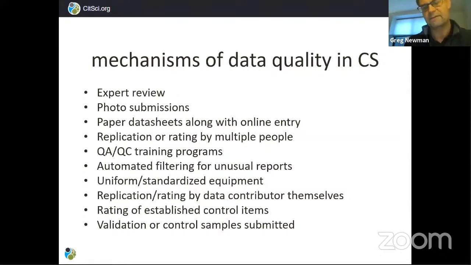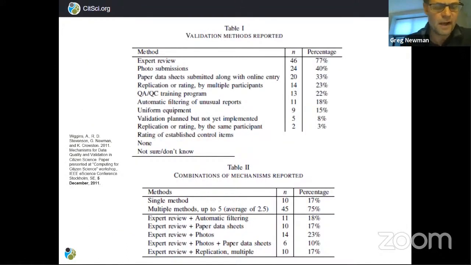So you can actually have experts go out and take control samples at particular places where volunteers have sampled and get comparisons in that way. And Andrea Wiggins and colleagues of mine put together a paper way back in 2011 assessing which of these different approaches are most popular and most likely to be used in citizen science.